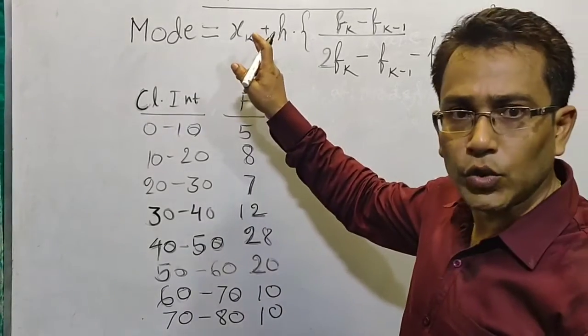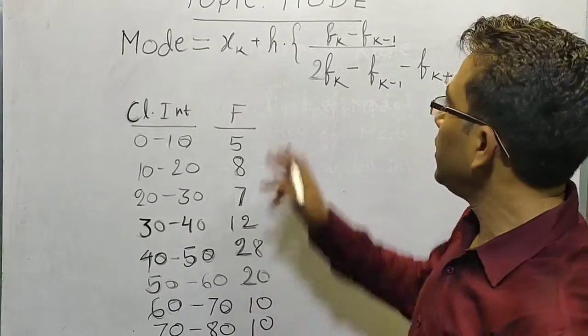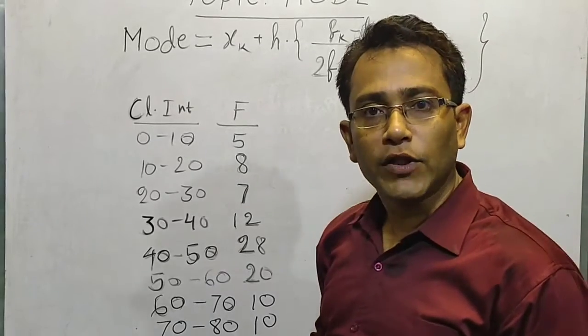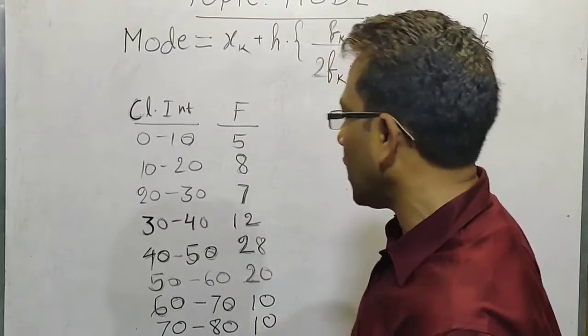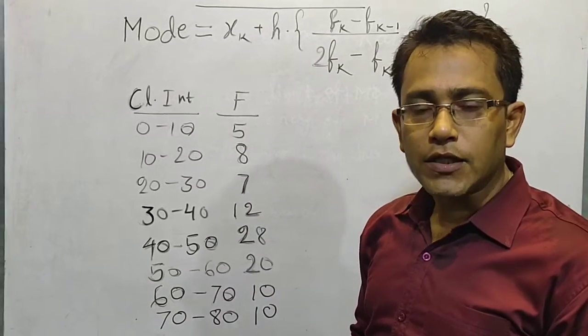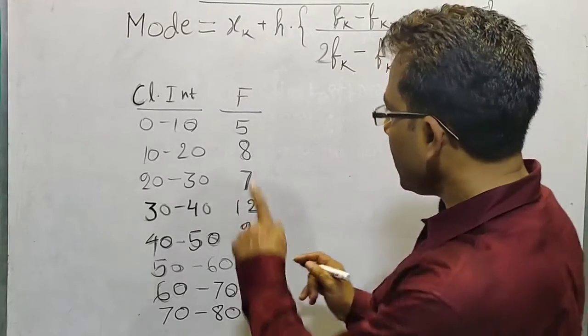Now, according to our formula, how to calculate this mode. First I have to find out the modal class. Modal class, I already told you, the class which will contain the highest frequency.